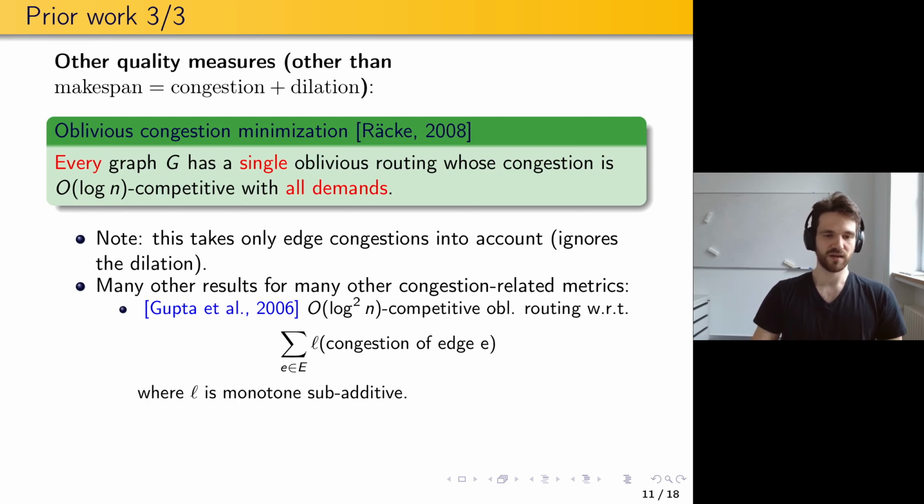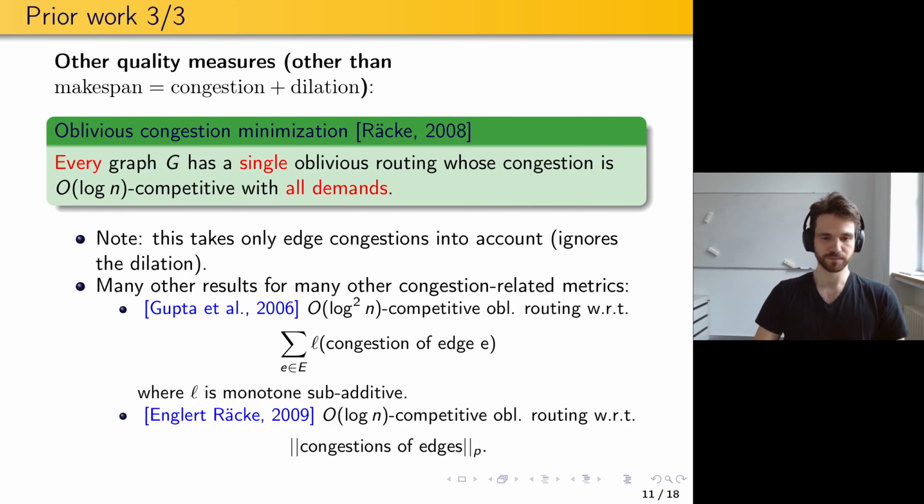Also Englert and Räcke 2009 give a slightly different result. It gives a log n competitive oblivious routing when you look at the L_p norm of the congestions of all the edges. So the results are a little more general than I give them credit for here, but this is the flavor that I want to impart on you.